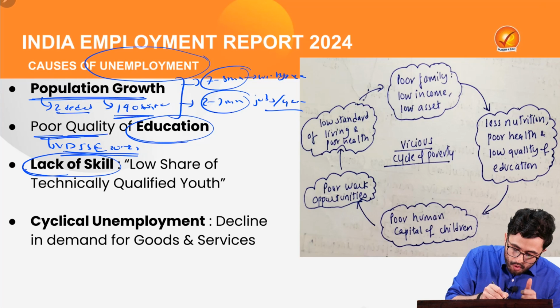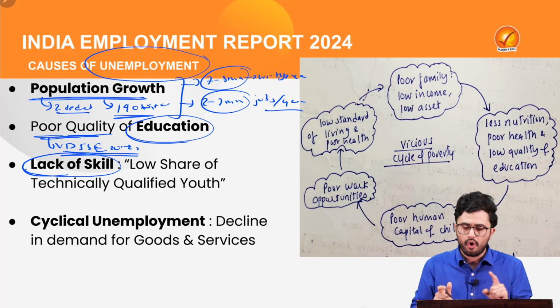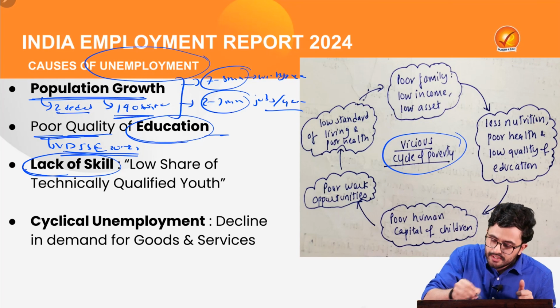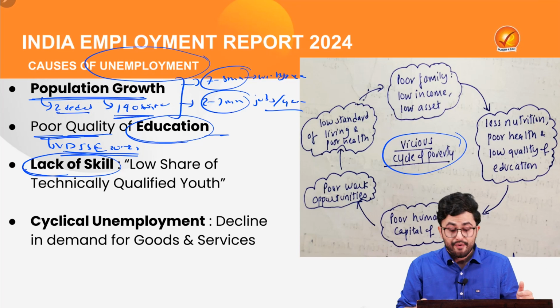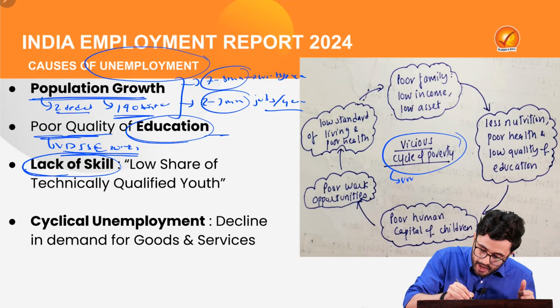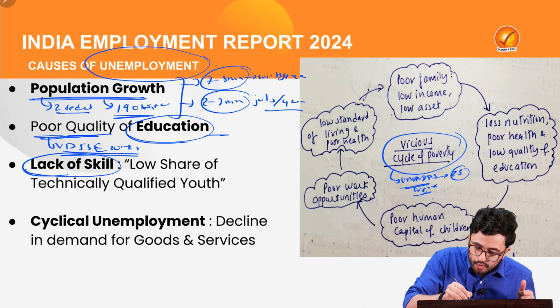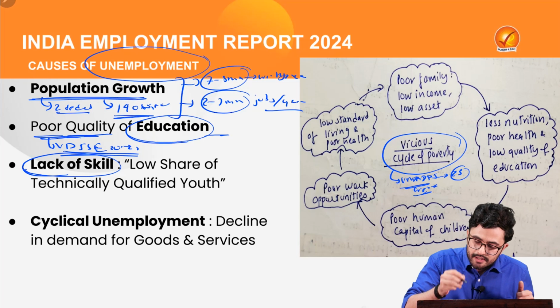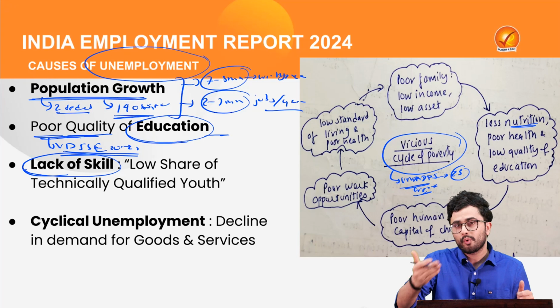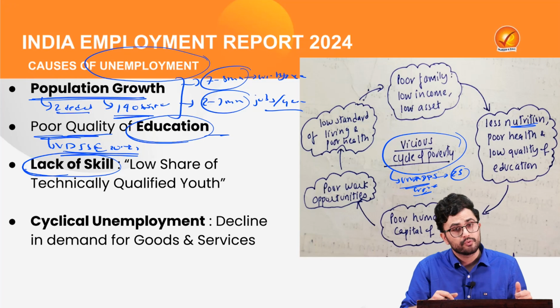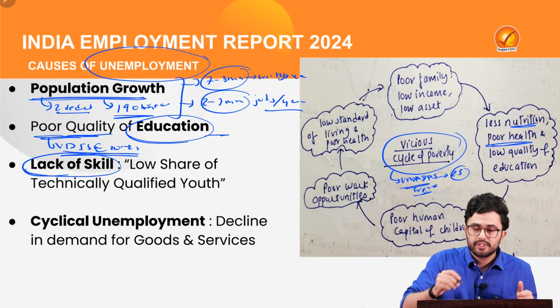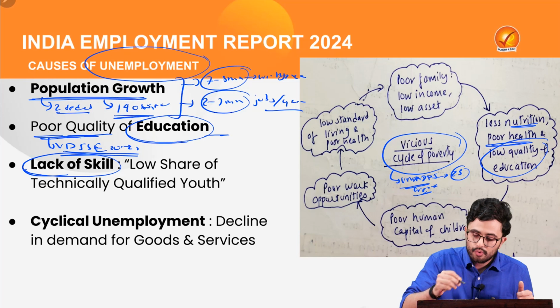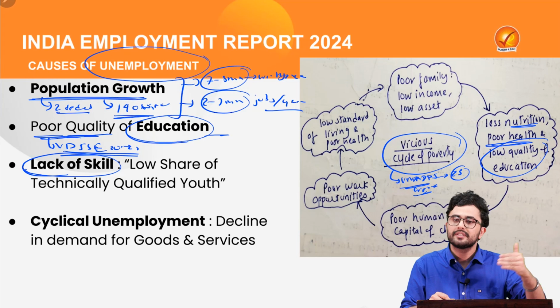And this poor quality of education is also caused by the vicious cycle of poverty, where as per the United Nations Multidimensional Poverty Index, there are more than 23 crore people in our country who are multidimensionally poor, and thus they are unable to provide their children ample nutrition, which ultimately leads to their poor health, and finally the low quality of education to which they are exposed.